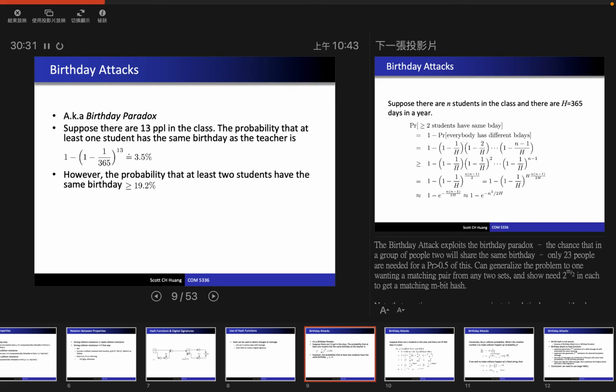Suppose there are n students. The probability that somebody collides with me, shares the same birthday with me, is this, right?